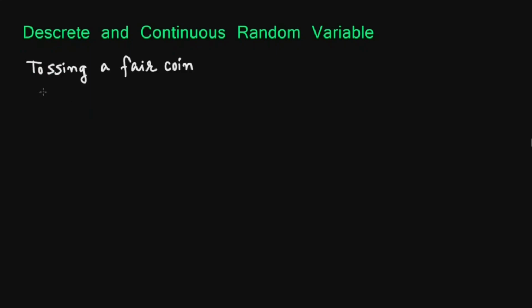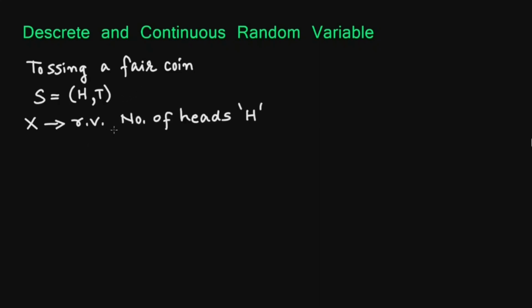The sample space S will have two sample points H and T. Let X be the random variable that denotes number of heads H. Then we write X of H equals 1 because we have to consider number of heads, which is 1 in this case, and X of T equals 0 because we do not consider number of tails.